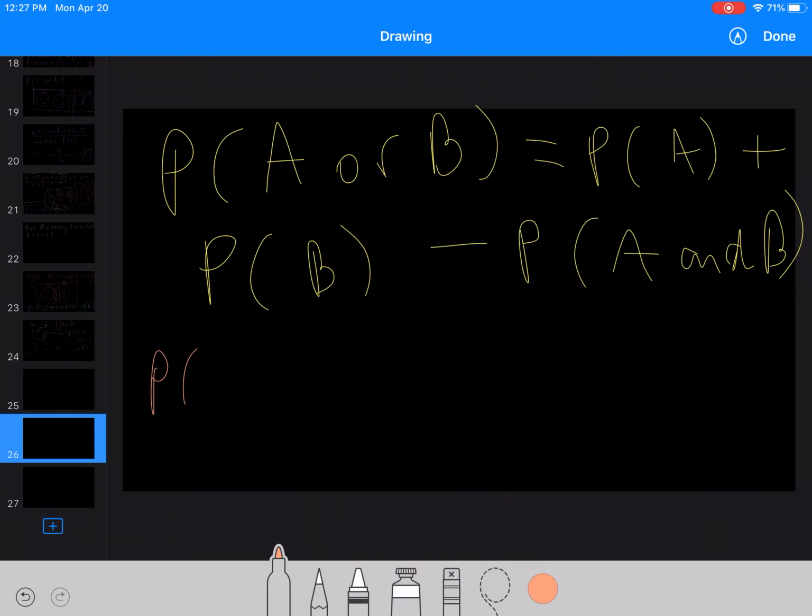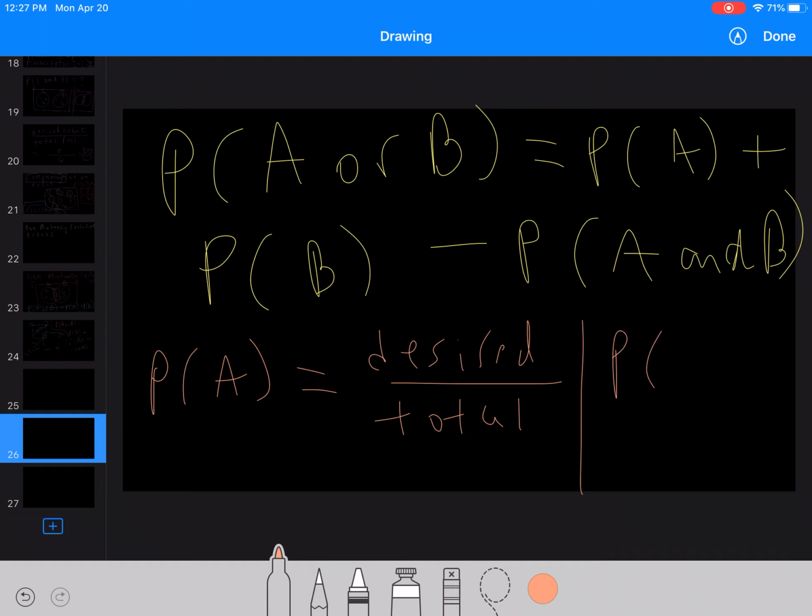Okay. So for our problem, the probability of being in event A is our desired over our total. I'm going to shorthand it here. And let's just do B right beside it. So it's the desired, let's write D over T, desired over total possibilities.